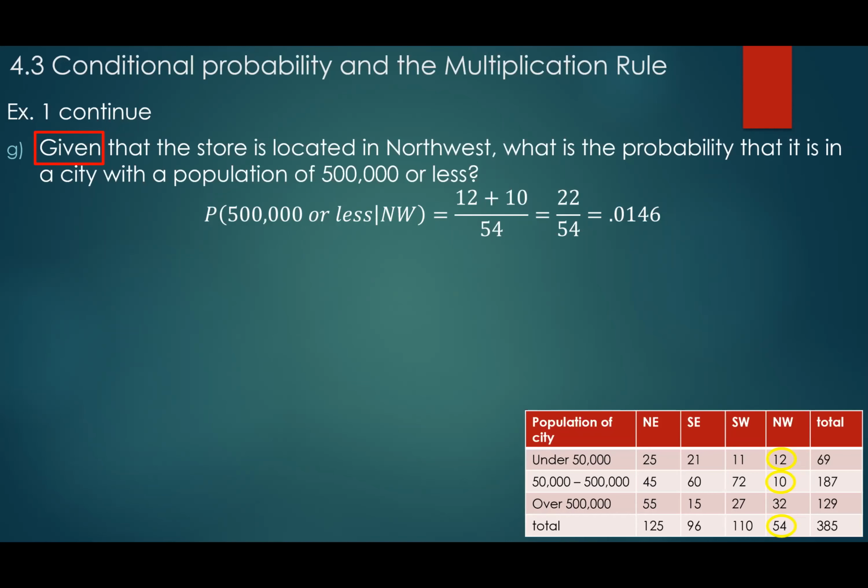Yes, sir. I think I added the question, and I forgot to come back and change the answer. Okay, sorry, I was just making sure I was doing it correctly. Thank you. I think I copy and pasted, and I forgot to change the answer. Sorry about that. The answer is 0.4074.